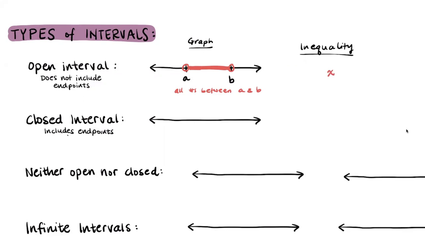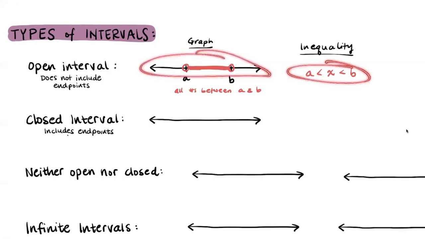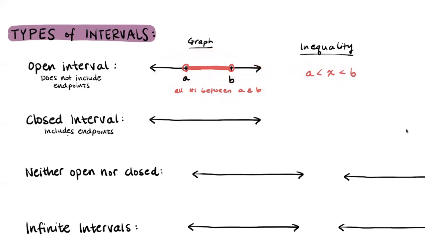So X is between A and B. So we have A is less than X, which is less than B. X is between A and B, and we're not including A or B, so we don't put the equal sign here. It's just strictly less than in both cases. Okay, so these mean the same thing, this graph, this inequality, this phrase here.